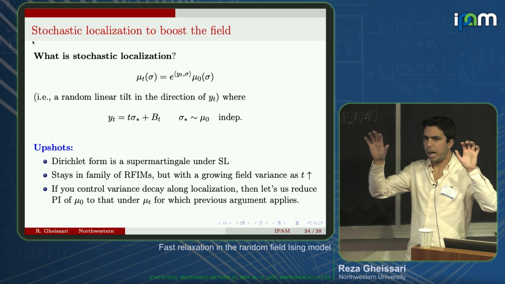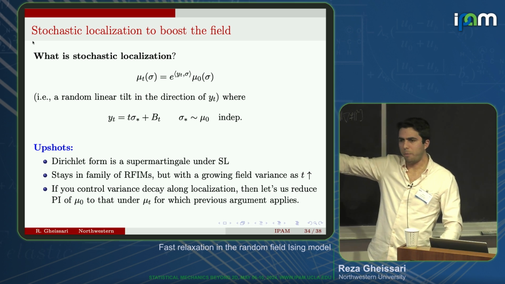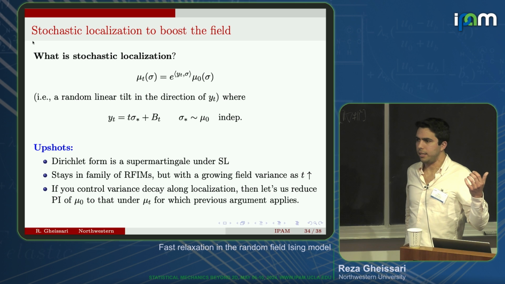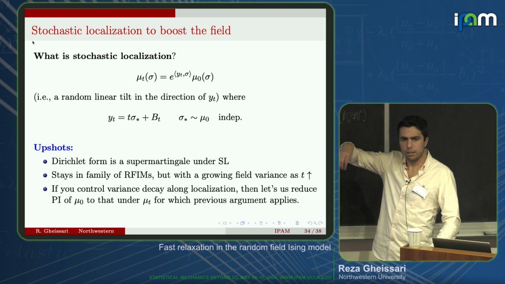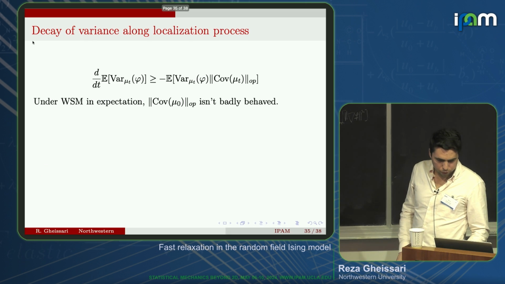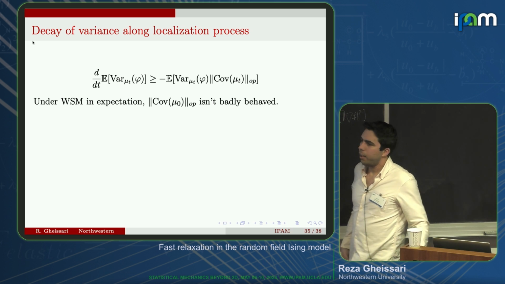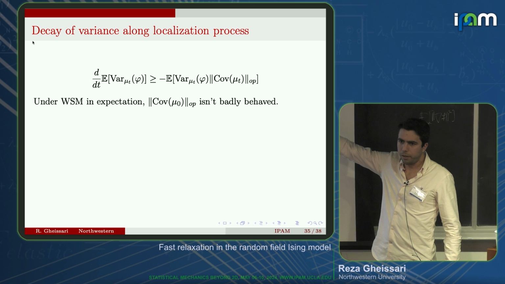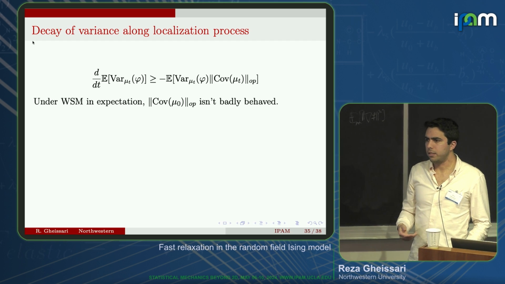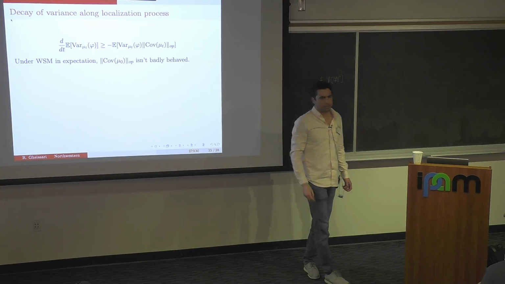In the spectral gap, you have the variance on one side and the Dirichlet form on the other. So the Dirichlet form I have a monotonicity property for under this flow. I just need to say the variance isn't decaying too fast as I'm localizing. Okay? So this follows from the next piece of nice stochastic calculus: if I look at the variance of a test function along this localization process, its time derivative is lower bounded by something that has the covariance of the measure in it.